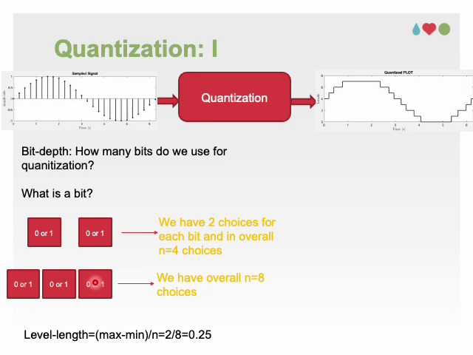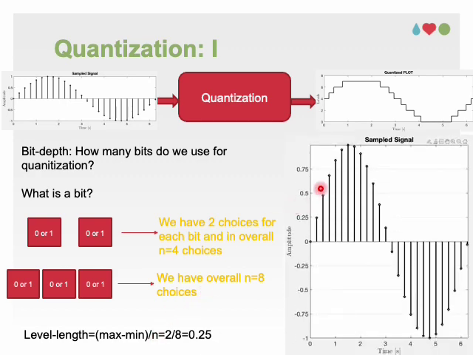These levels are equidistant and the length of each level is the maximum value of the signal minus the minimum value, divided by the number of levels. For this example, where we have the signal between -1 and 1, the level length becomes 0.25.